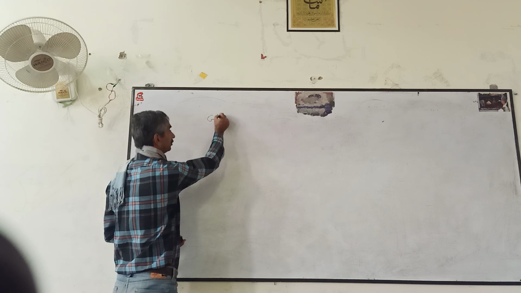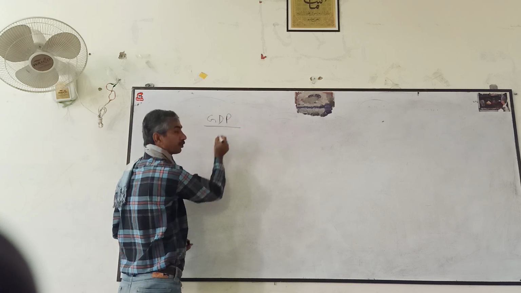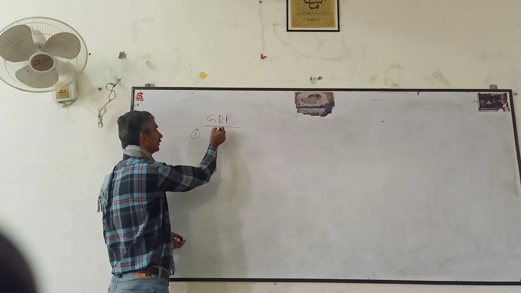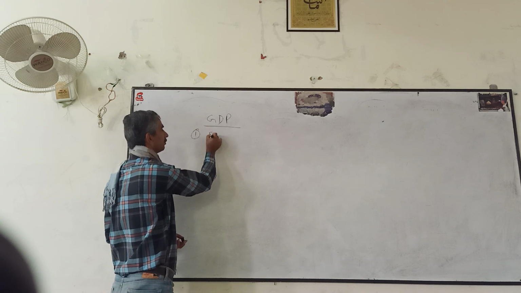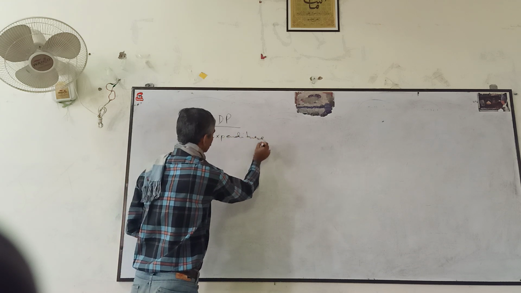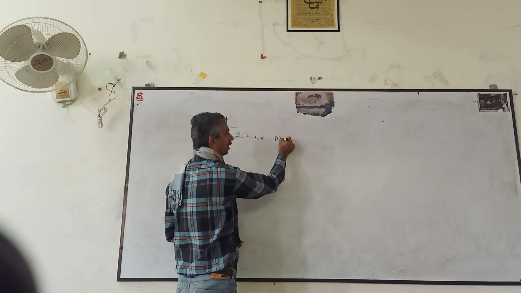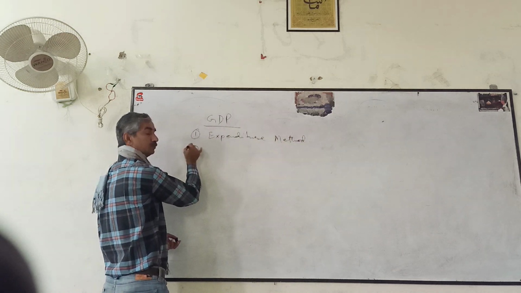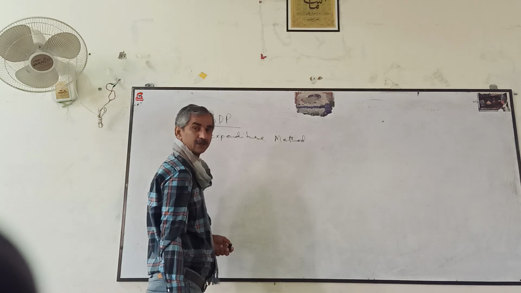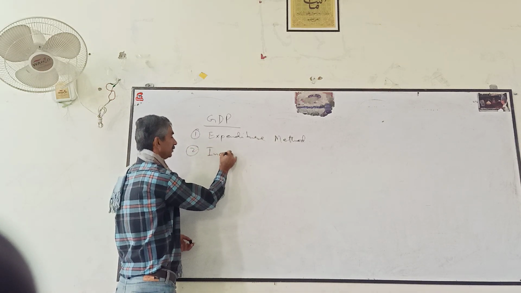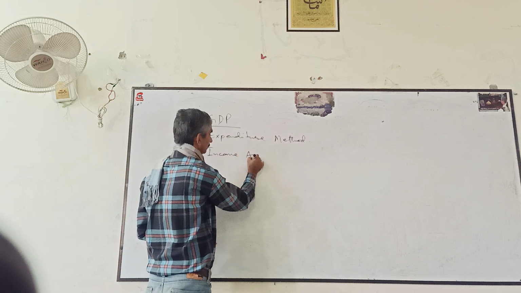So, we continue the discussion of the gross domestic product, and one of the techniques to measure the GDP is the expenditure approach. The second one, which we are discussing in this lecture, is the income approach to measure the GDP.